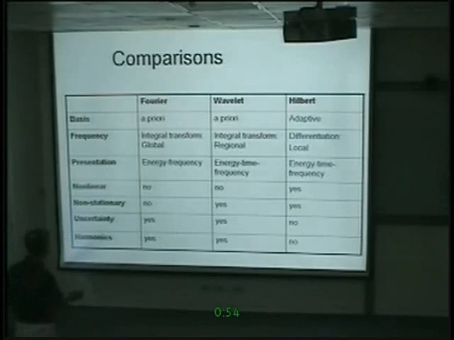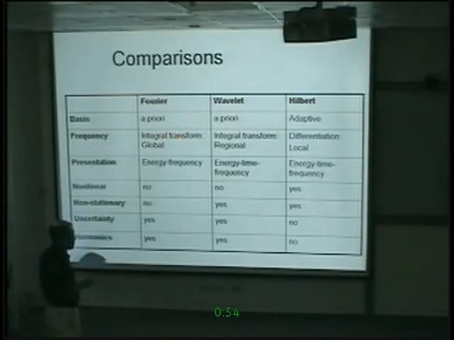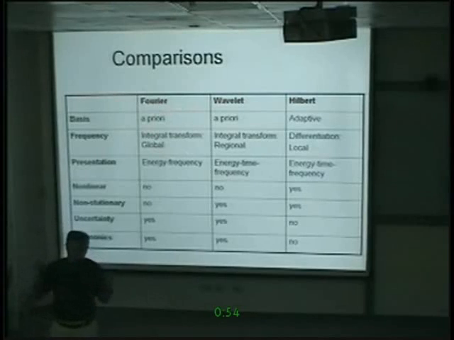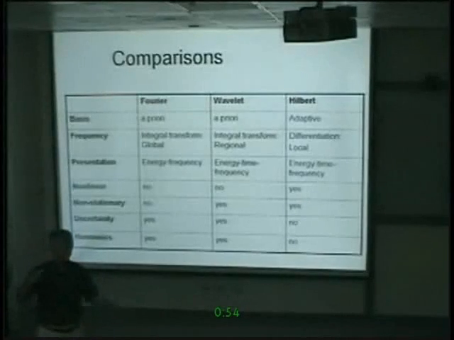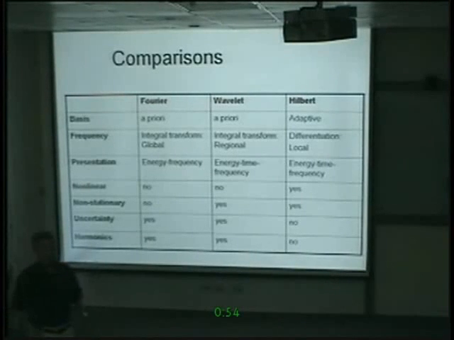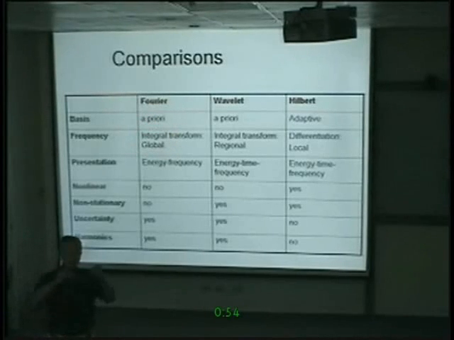And because of that, the frequency is determined not by integral transformation. For Fourier, integral transformation is from minus infinity to plus infinity, or minus capital T to capital T. That's your total data length. So that frequency is defined globally. Each frequency is constant over the whole data range.